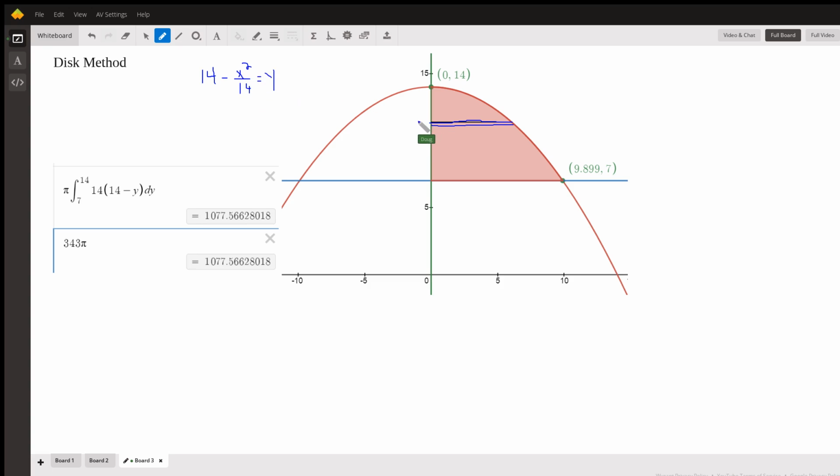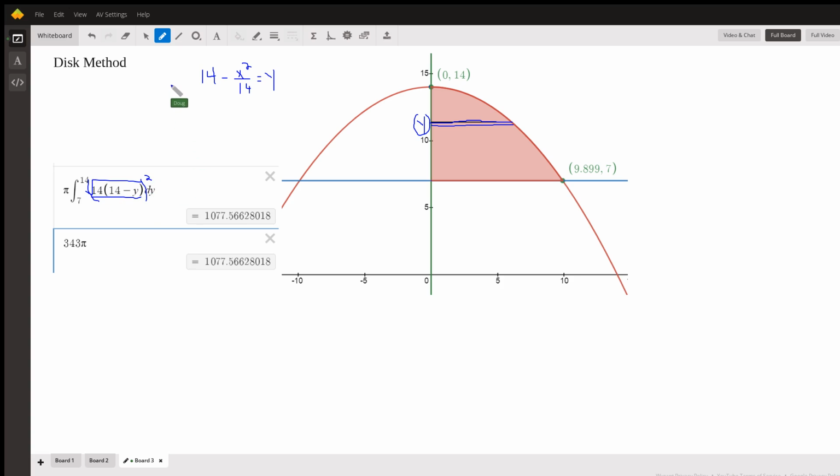And then for each y on the interval from 0 to 14, this distance would be depending on the value of y that we're looking at. So that's what this is right here. Actually, y would be the square root of that, but then we would square that, the radius squared.